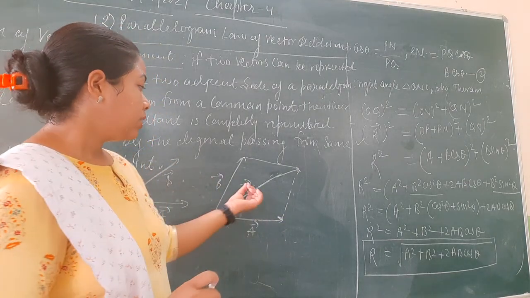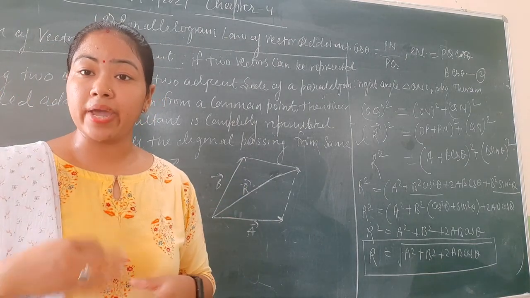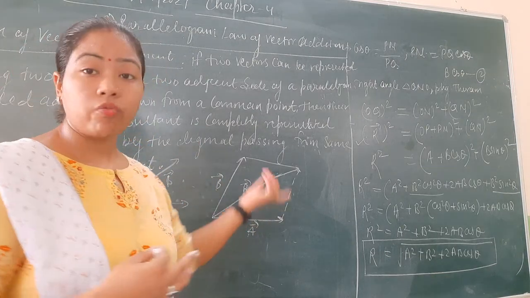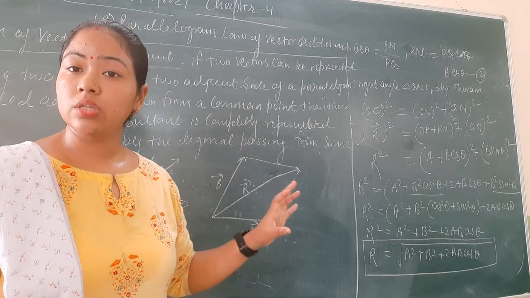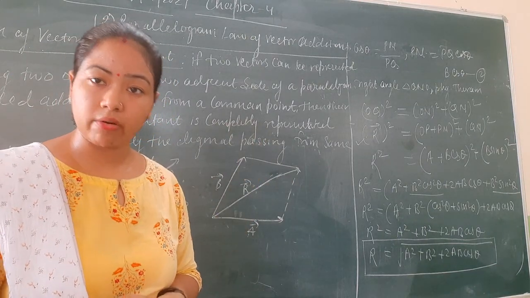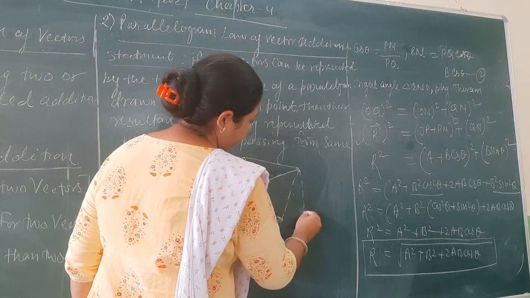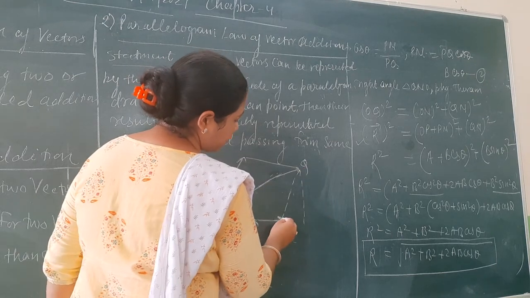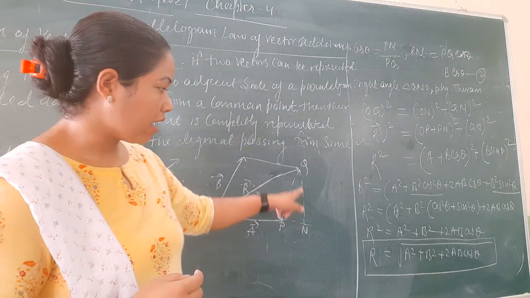Right? Now, this R is known to us, that's why we have to calculate the magnitude as well as the direction for that. But if you know the very first law, that is the triangular law, for both we have the same expression, right? Now you see that if we draw a perpendicular from this side, this is O, this is P, this is Q, and it meets this line at N, right? Again we have the same condition.